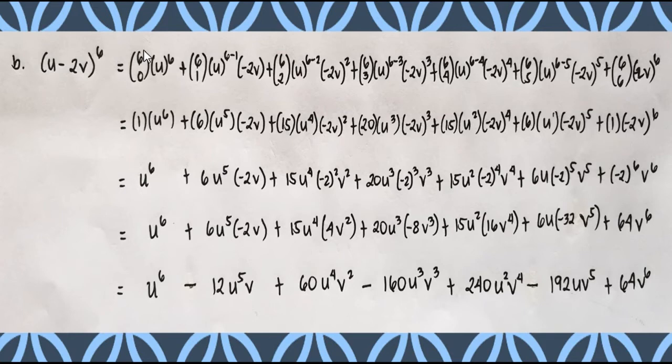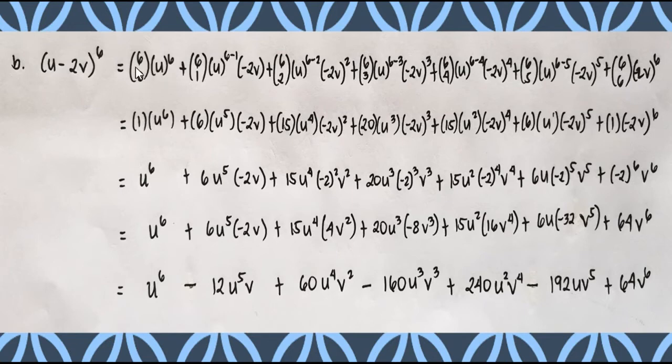Our numerical coefficients are 6 taken 0 at a time first, then 1, 2, 3, 4, 5, and 6, those are our r.